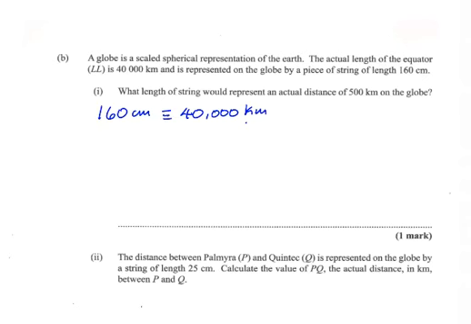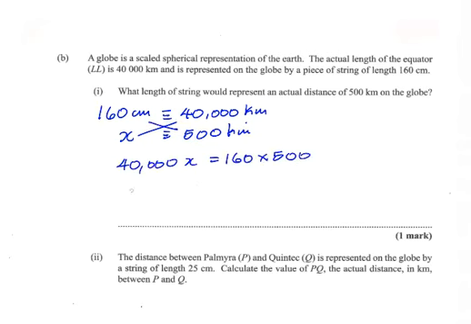So the actual distance is 500 kilometers, and the length of string I don't know, so I call it x. Then I would cross multiply. So it's x times 40,000 is equal to 160 times 500. Divide both sides by 40,000.